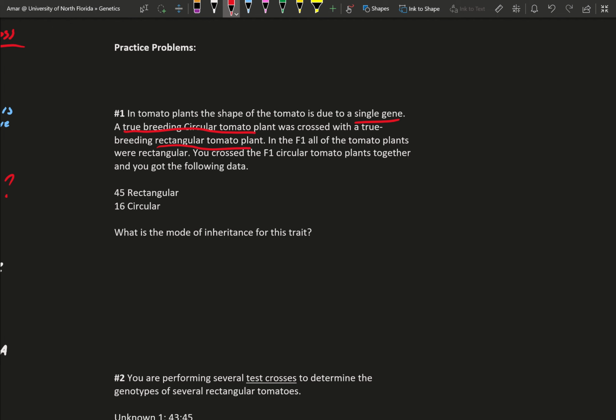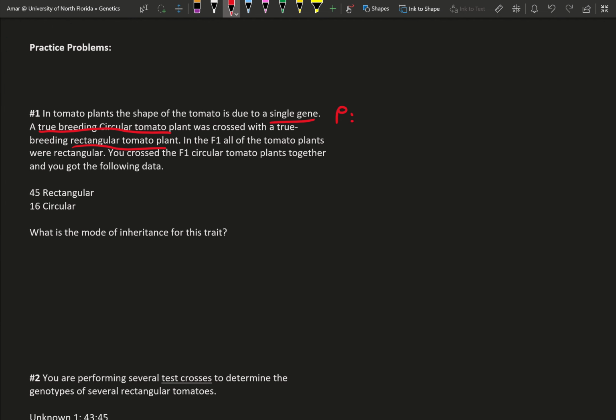So our parent generation is circle crossed with square. And then the problem tells you that all the F1 are rectangular. And then you cross the F1 together and you get the following data.